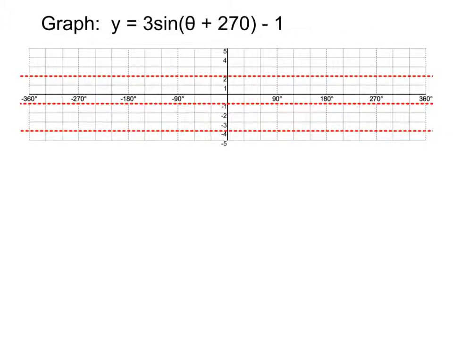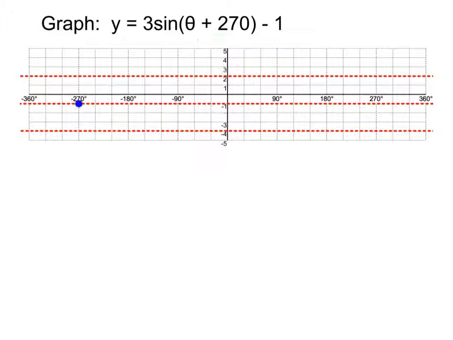All right, then once we've drawn in those lines, it's really just a matter of where do we start from? Where's our first point? Well, it's cosine. Does cosine start at the top, the middle, or the bottom? Oh, wait. This one isn't cosine. I didn't look carefully, did I? It's sine. Where does sine start then? Middle. And the middle in this case is going to be to the left 270.